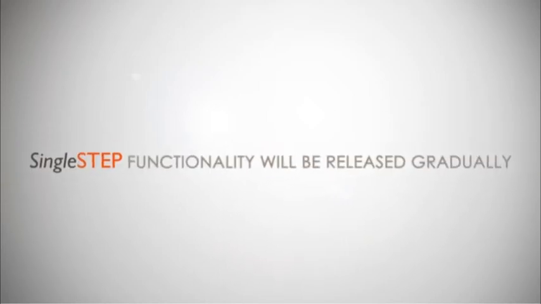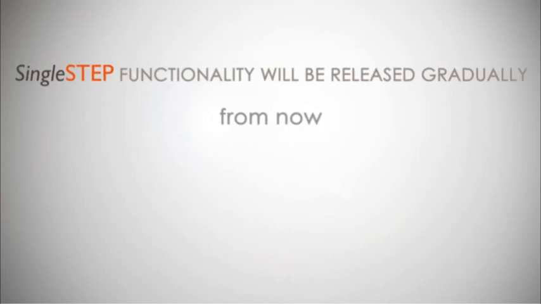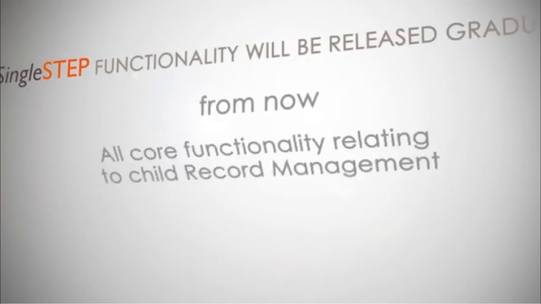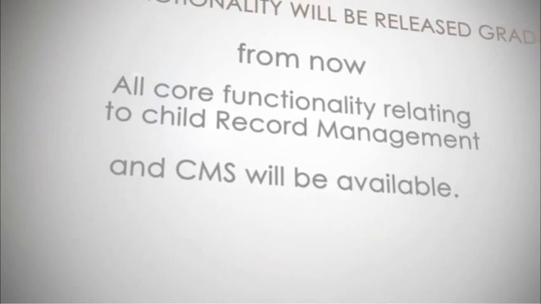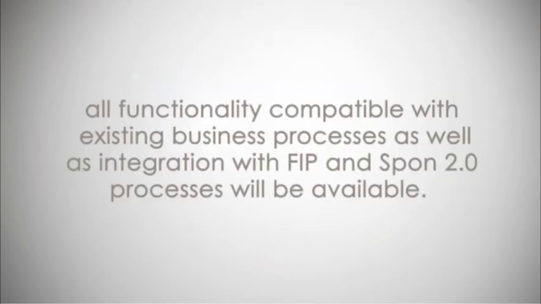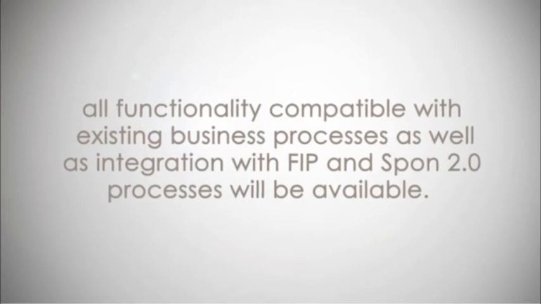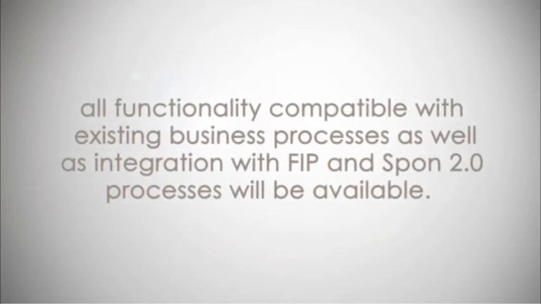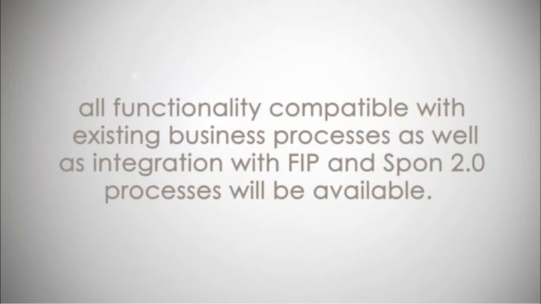SingleSTEP functionality will be released gradually. From now, all core functionality relating to child record management and CMS will be available. In 2014, all functionality compatible with existing business processes, as well as integration with FIP and Sponsorship 2.0 processes, will be available.